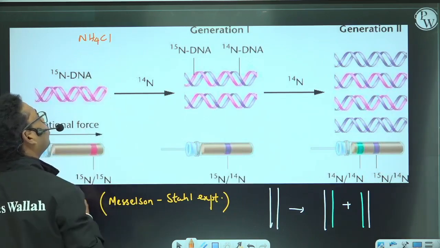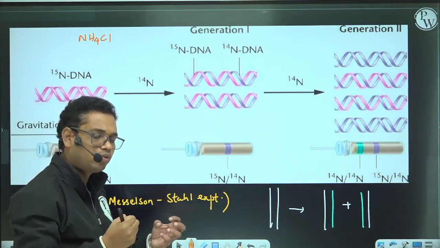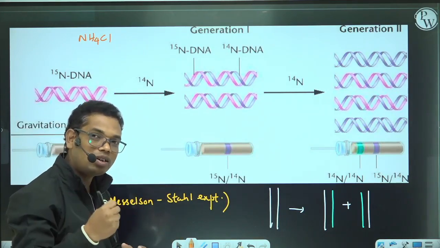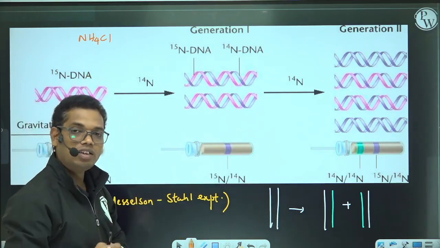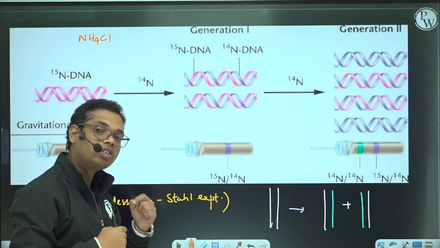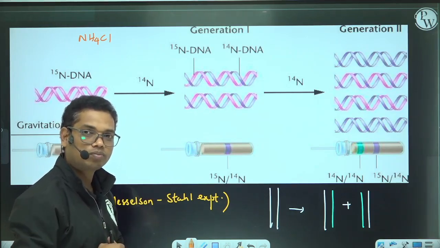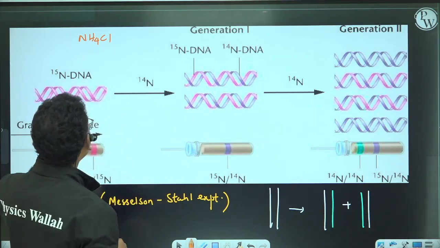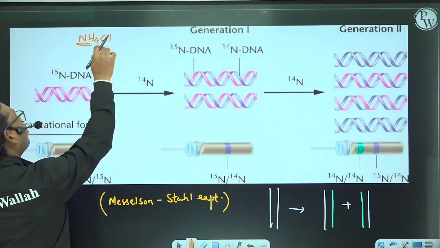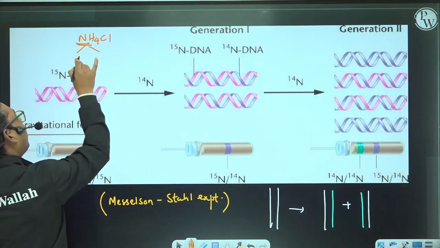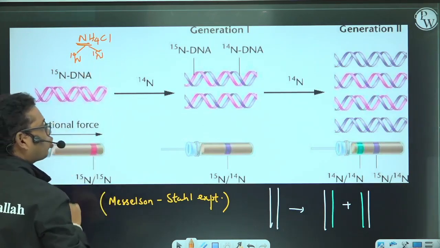The E. coli took up the NH4Cl, and the nitrogen from it was used to synthesize the DNA, that is, the nitrogenous bases. The nitrogen supplied in the form of NH4Cl is of two types, N14 and N15. This is the heavy isotope, this is the light isotope.